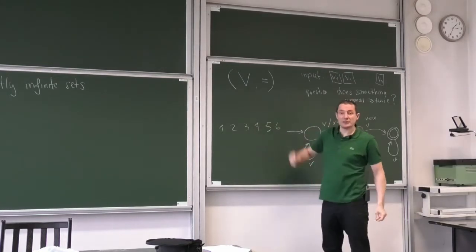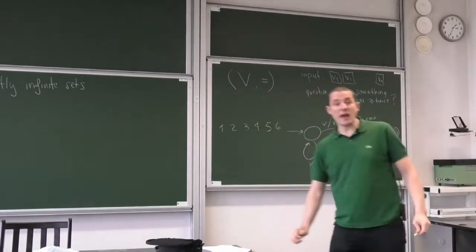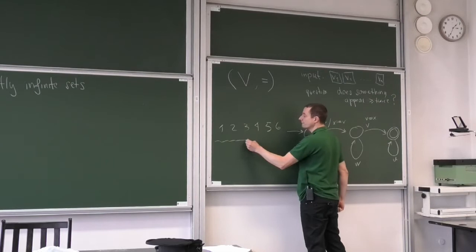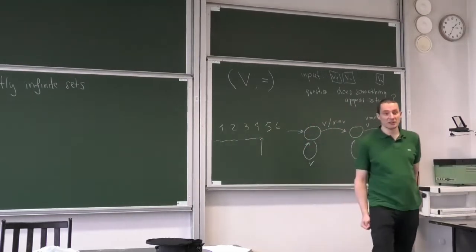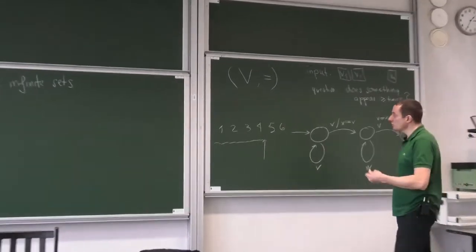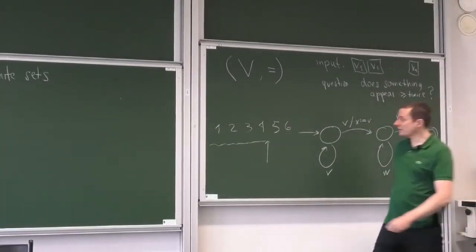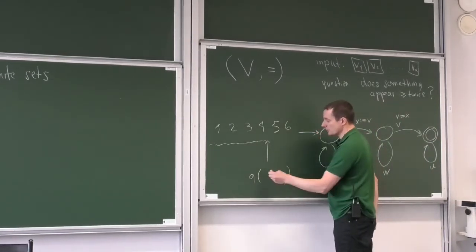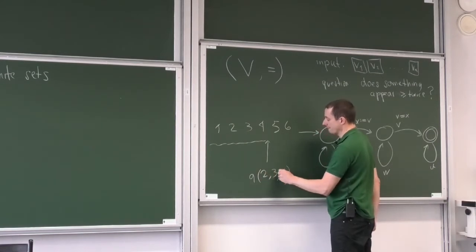These are all different data values. So it should accept. It should have an accepting run, and then you look at this accepting run and you ask, what is the state here? In this state, which let's call Q, it's going to have some register valuation, like 2, 3, 1, or maybe 4.